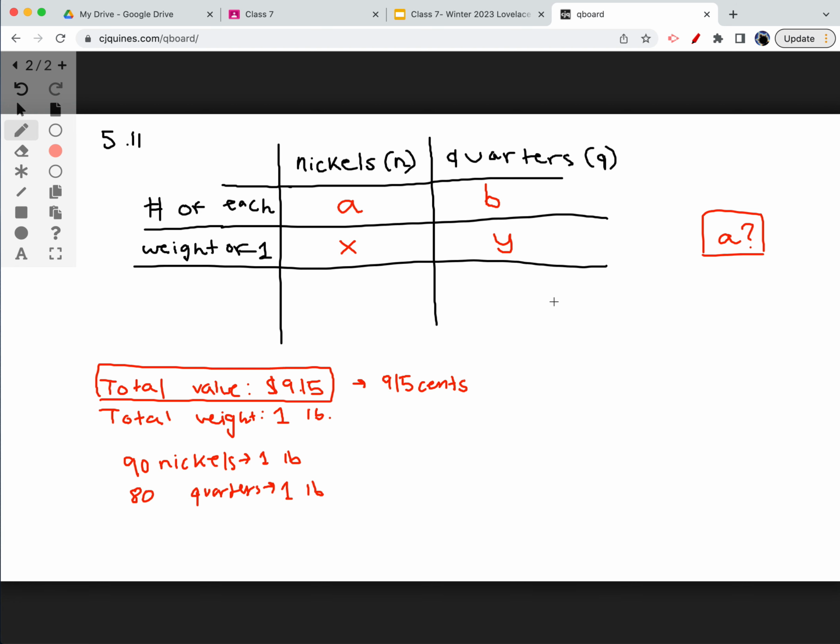So we know that one nickel is 25 cents. Oh, sorry, 1 nickel is 5 cents. And 1 quarter is 25 cents.